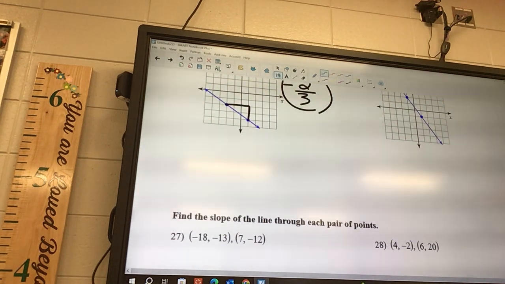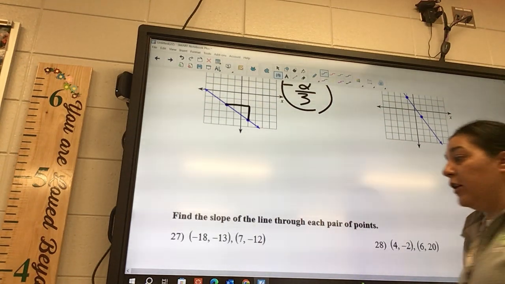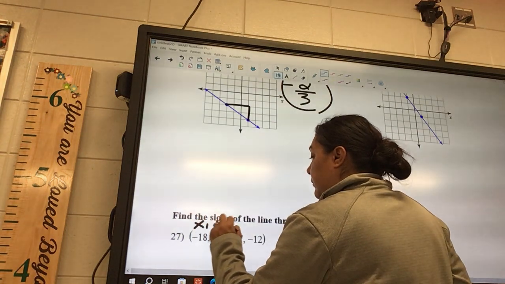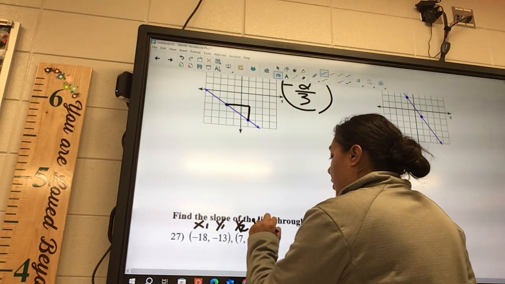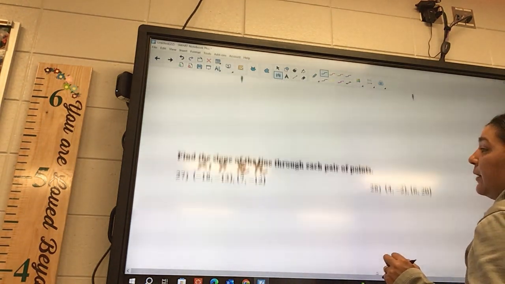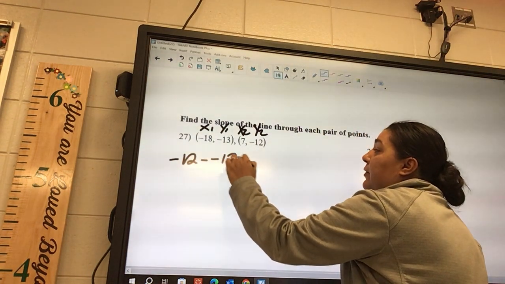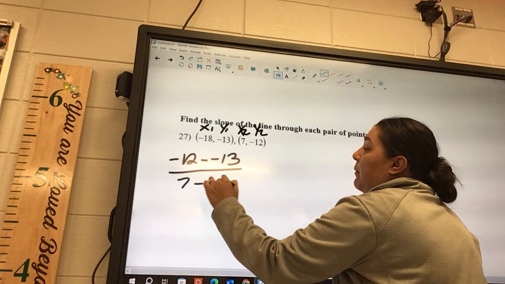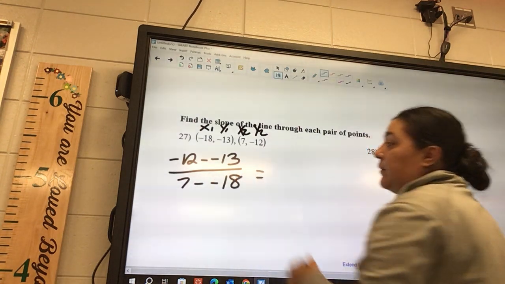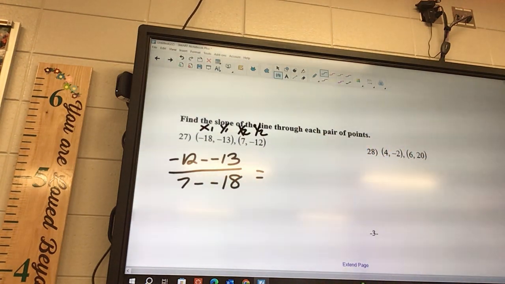Okay, 27, it says find the slope of the line. So that's going to be that y2 minus y1 over x2 minus x1. Okay. Hopefully you have the formulas on your other sheet. Okay, so it should be -12 minus -13 over 7 minus -18. Okay, type that in your calculator, see what you get.